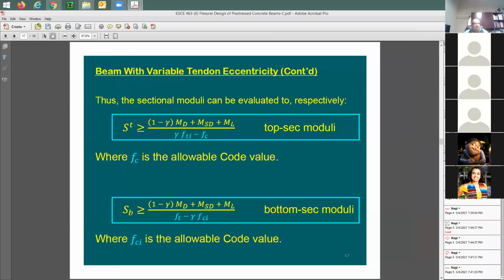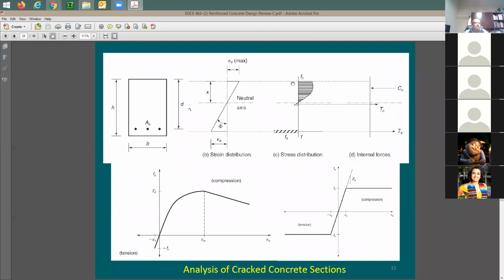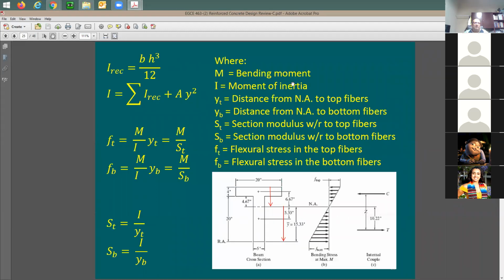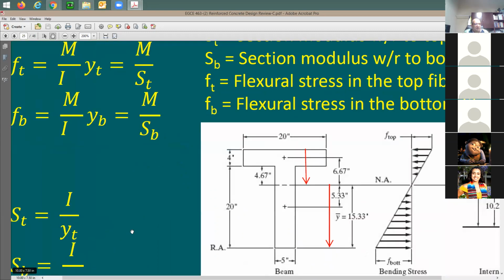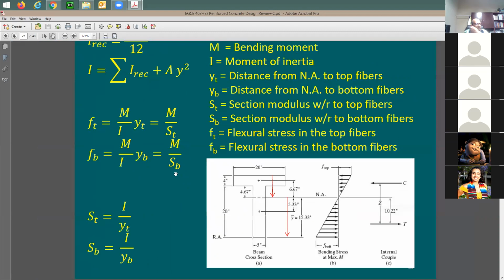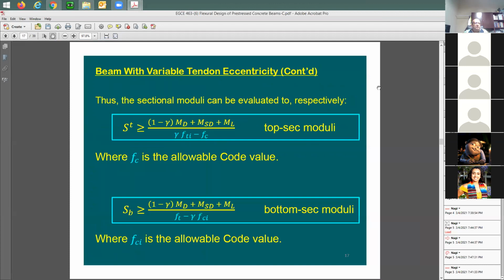It says S or ST equals I over YT, and SB equals I over YB. Here? Yeah. This is I and this is I. Oh, okay. I read it wrong. That's fine. Yeah, you thought this is one, it looks like one. Sorry. No worries.